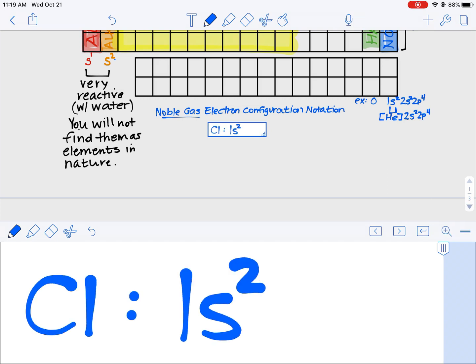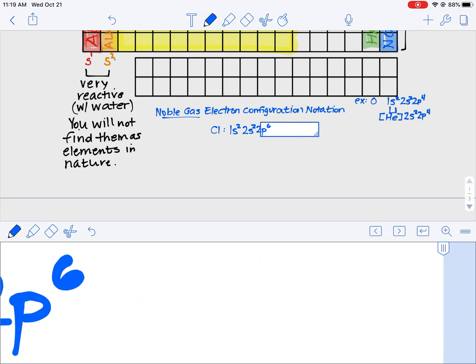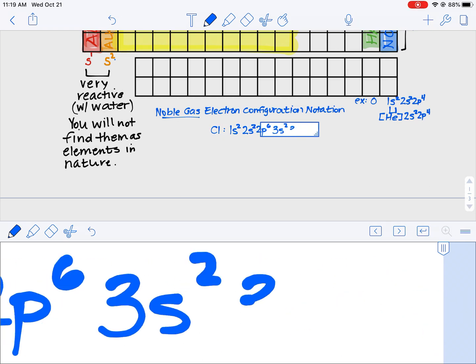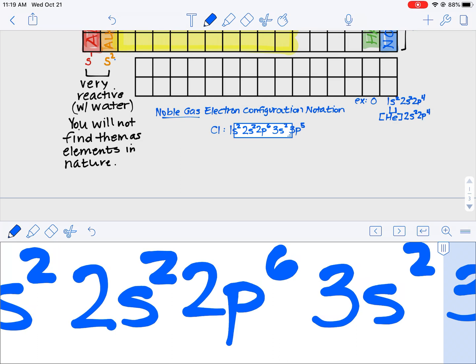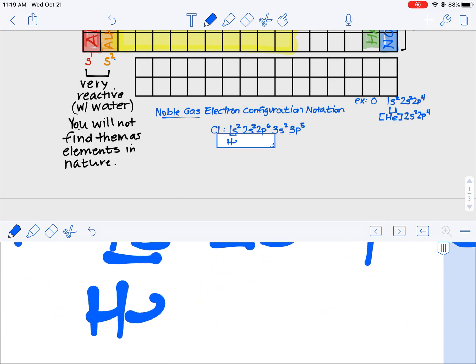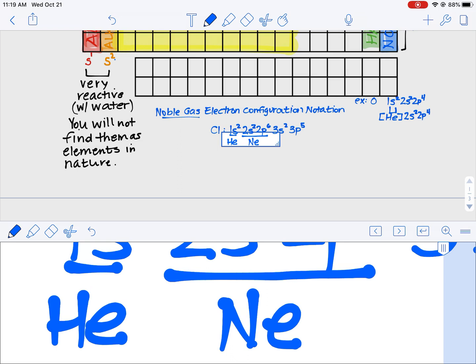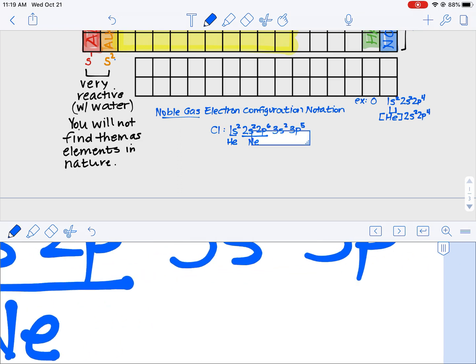Let's do the example for chlorine. Chlorine has 17 electrons. 1s2, 2s2, 2p6, 3s2, 3p5. Well, when I get to this combination here, this 1s2, we said is helium. This 2s2, 2p6 is going to be neon.